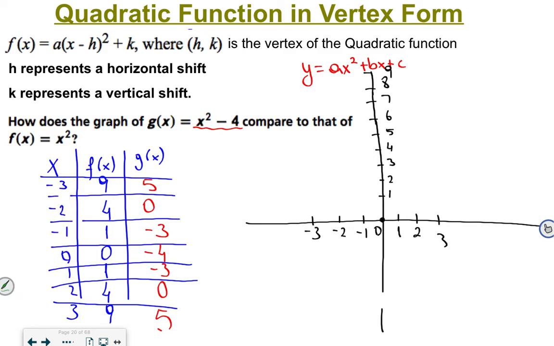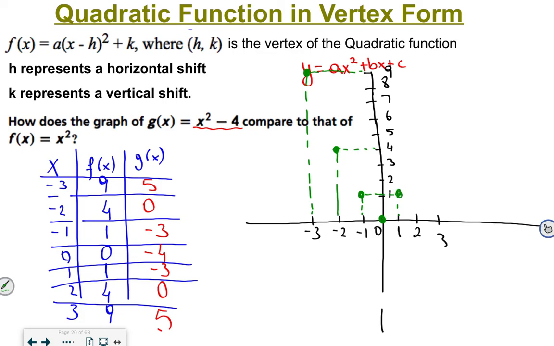-3 and 9 is your first ordered pair. Next point is -2, 4. Next point is -1 and 1. Next 0 and 0, which is the turning point. This is the vertex. Next one is 1 and 1.